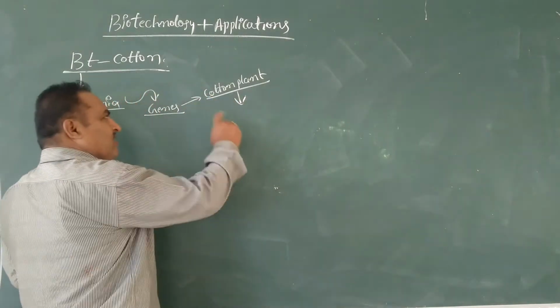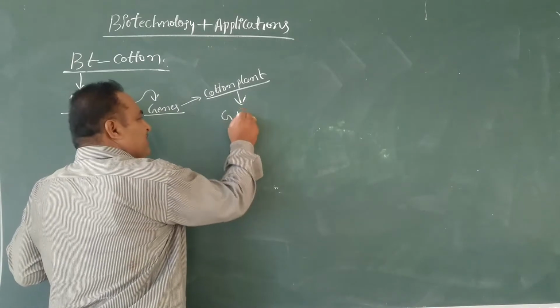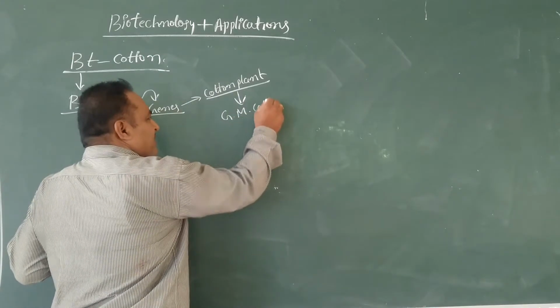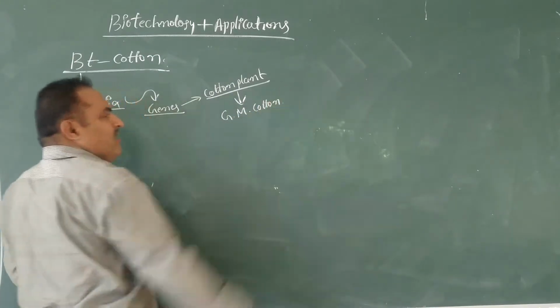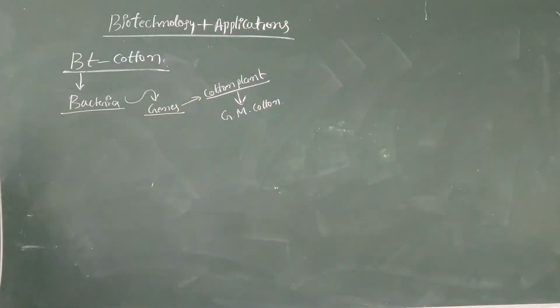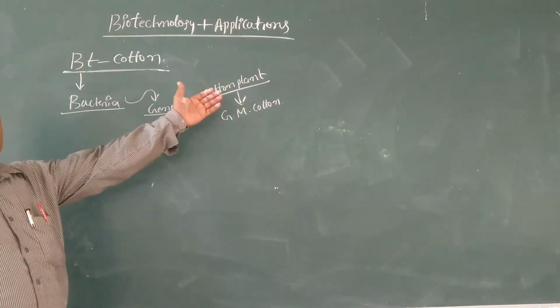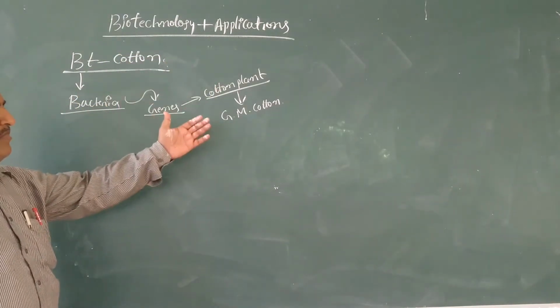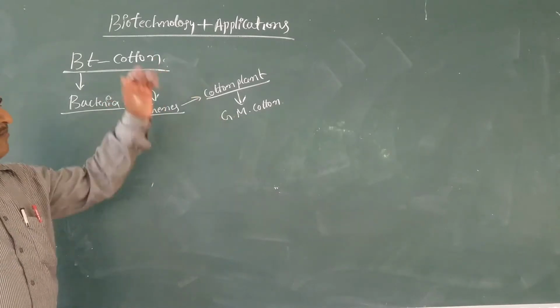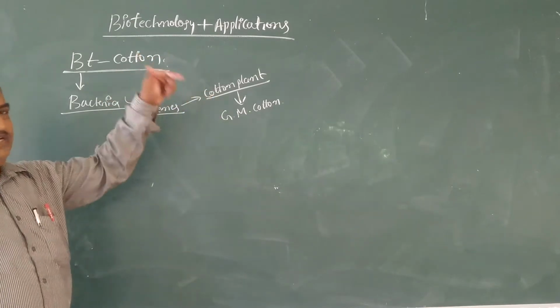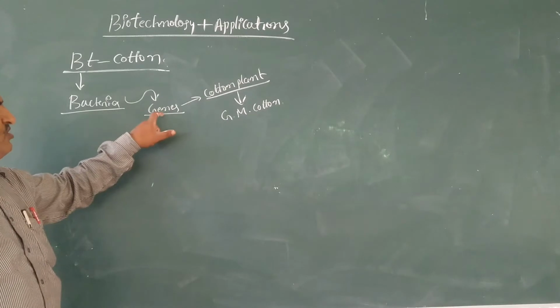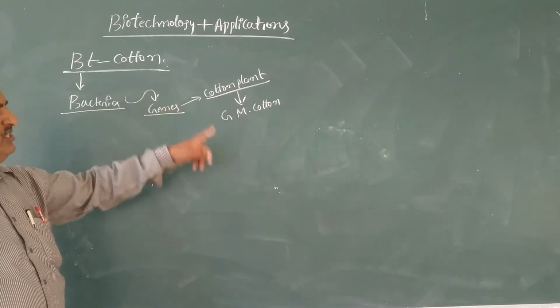After that, the cotton plant is said to be a genetically modified or genetically engineered plant, produced by the insertion of a foreign gene into the cotton plant. Its genome is altered due to the insertion of the foreign gene.